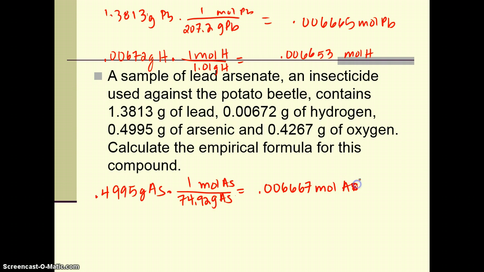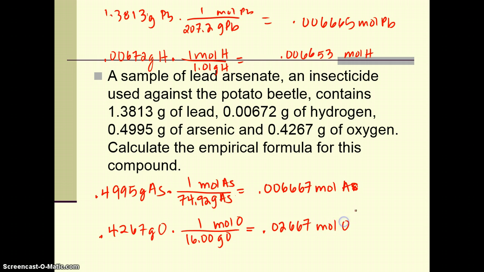And then I have 0.4267 grams of oxygen. Getting rid of my grams of oxygen, moles of oxygen, 1 mole of oxygen is equal to 16 grams of oxygen, and I end up with 0.02667 moles of oxygen.